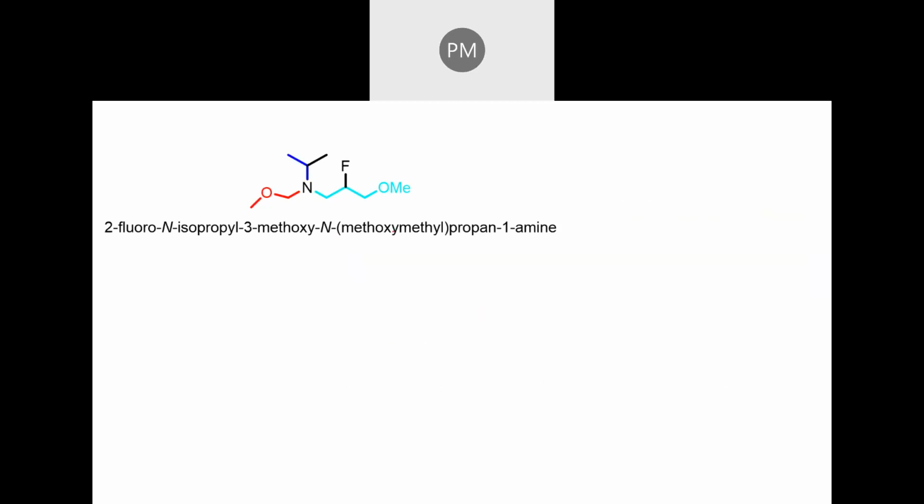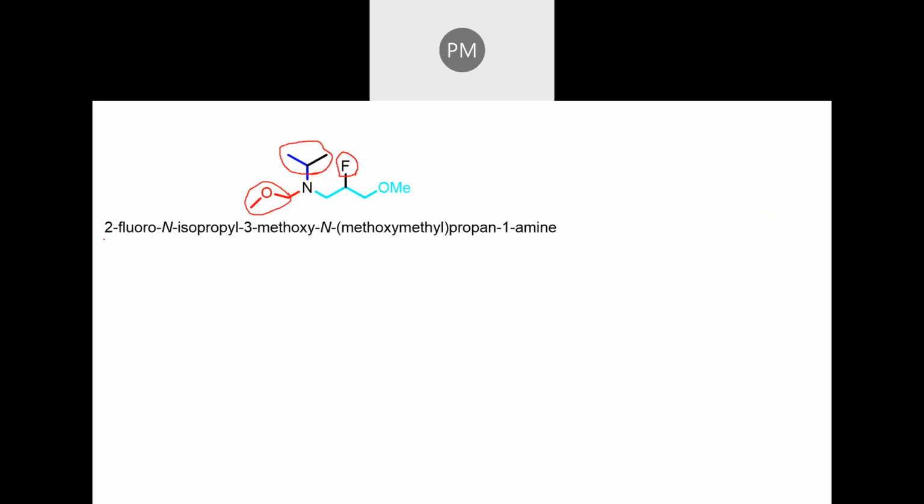Now we have to find out the name of this molecule. We have to find out what substituents are present. There is a substituent like fluoro, and a substituent like this, and this will be the main chain.